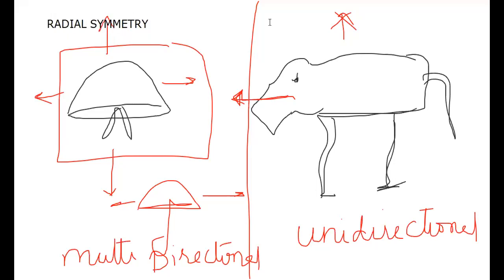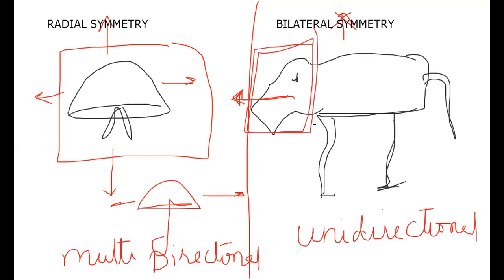So let me talk about bilateral symmetry. In bilateral symmetry, unidirectional movement is present. In radial symmetry, multidirectional. What is the advantage of being unidirectional? What is unidirectional? That we need to define first of all.